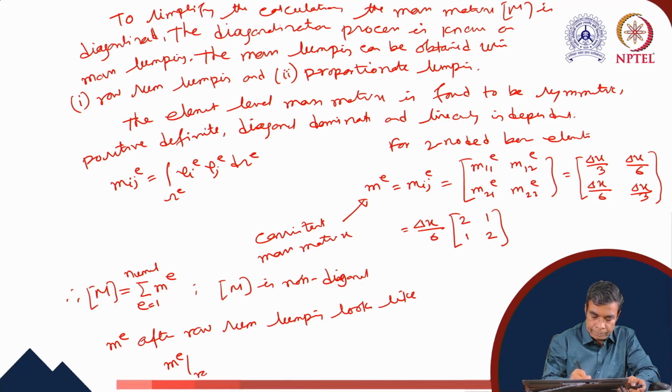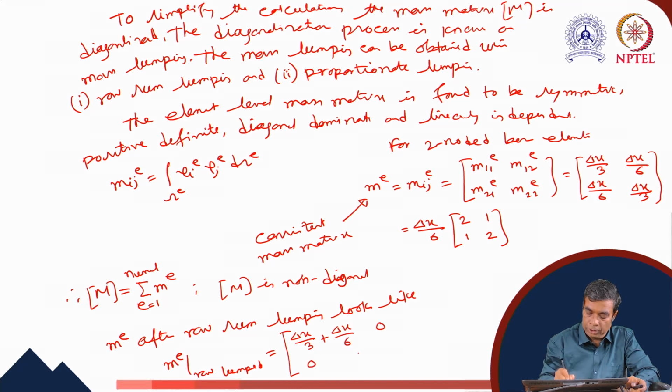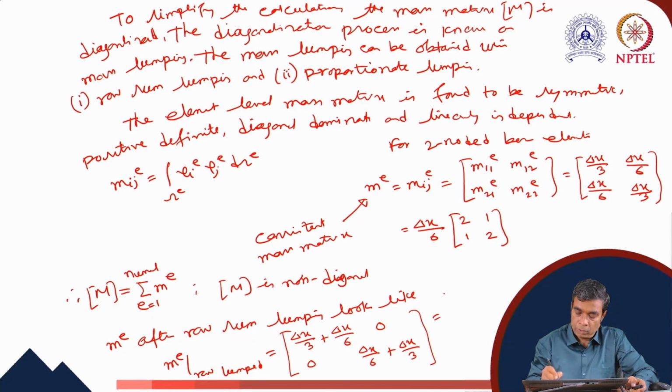Me row lumped equals to delta x by 3 plus delta x by 6, 0, 0, delta x by 6 plus delta x by 3 equals to, here we have 2 delta x plus delta x, 0, 0, 2 delta x plus delta x divided by 6.